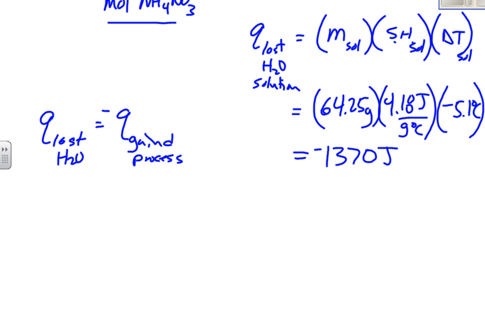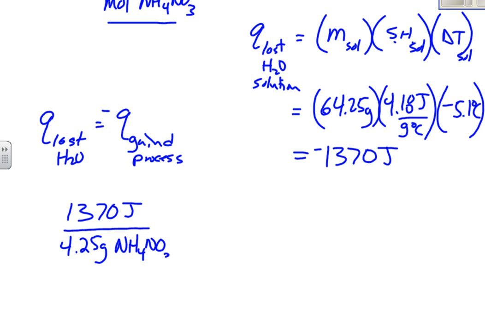Which means that if the water lost energy, the process of dissolving gained the energy. So we can say that the dissolving gained 1,370 joules of energy per 4.25 grams of the ammonium nitrate that dissolved.